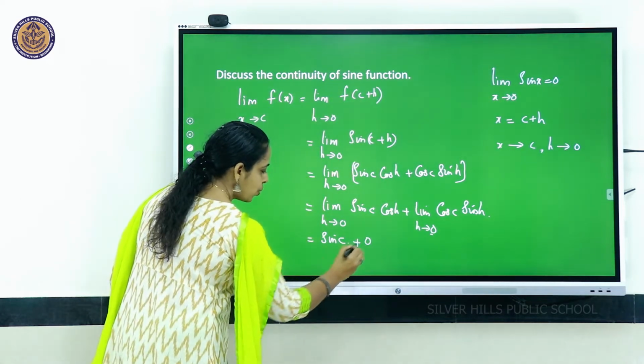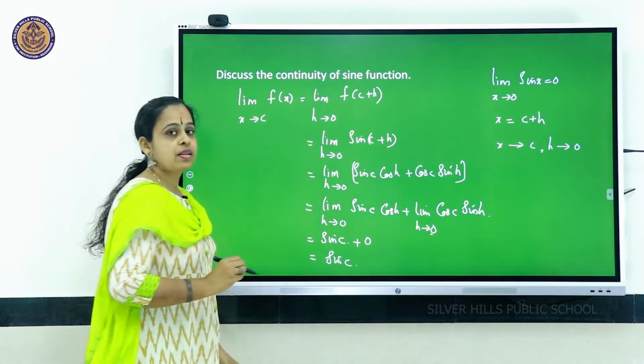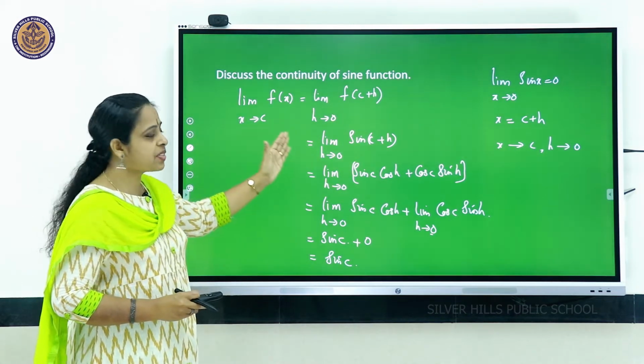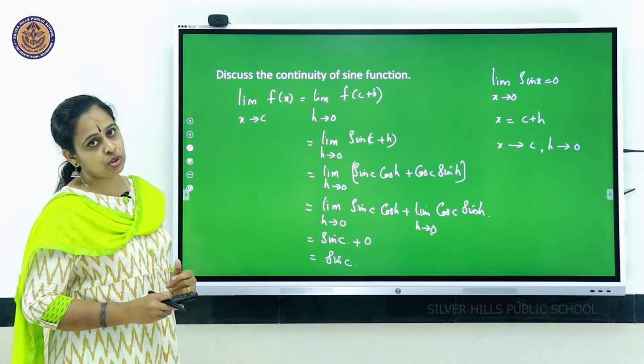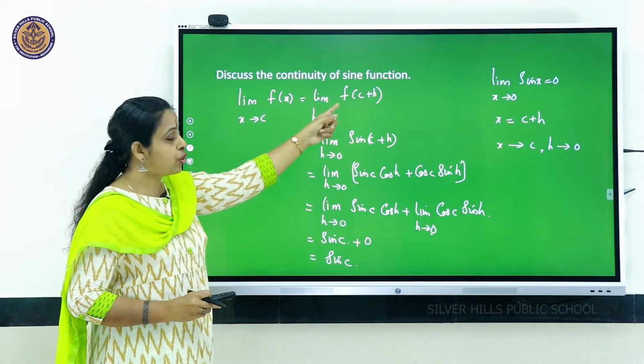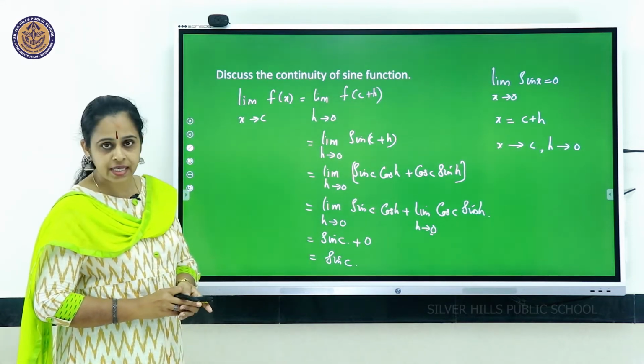So, 0 plus sin C equals sin C. So, what did we get? Whether we approach from the left side or the right side, we get the same value. We can see if you put C minus h, then also we will get the value sin C.